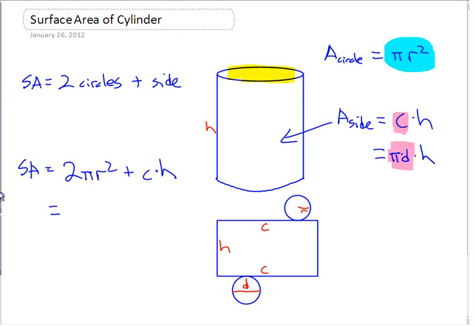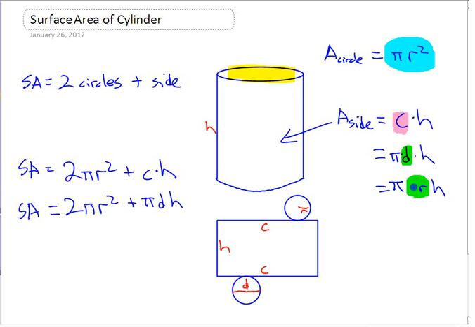Another formula then for the surface area of a cylinder is if you use this. Sometimes you'll see the formula says 2 pi r squared for the top and the bottom, plus instead of circumference, pi times diameter. And there's one more, because how do you find the diameter if you're given the radius?